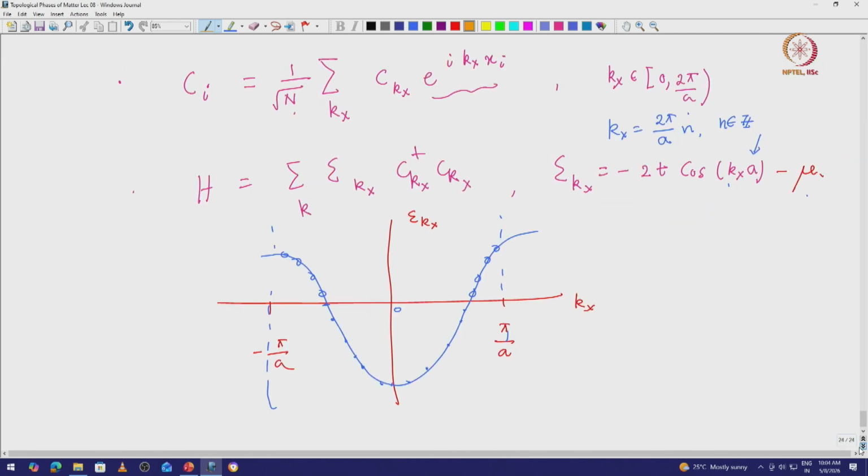And what do we get? We will also get minus 2t cosine qy b. You can generalize this to 2D, so you will have a parabolic band. So, this is just going to 2D.